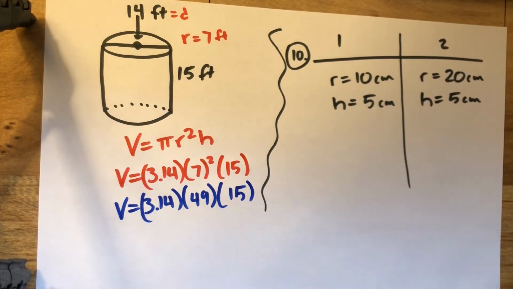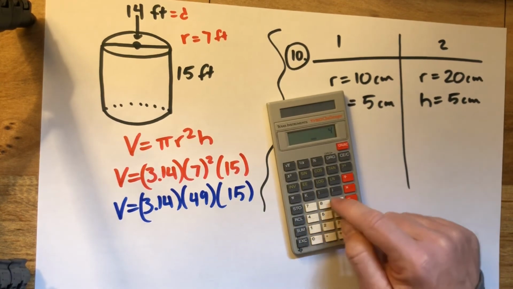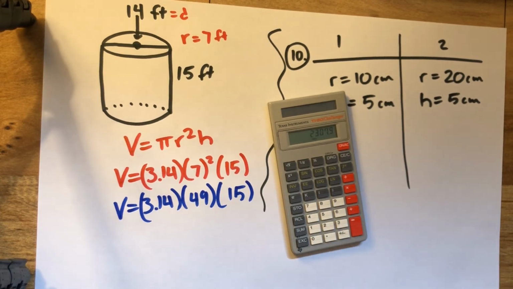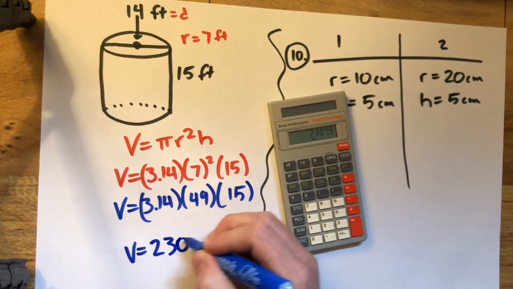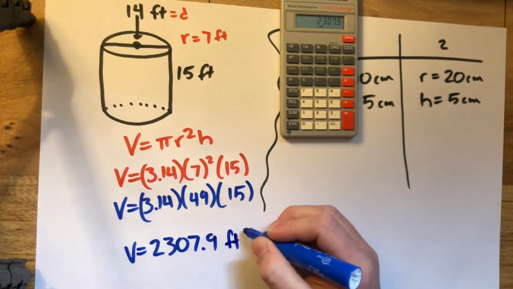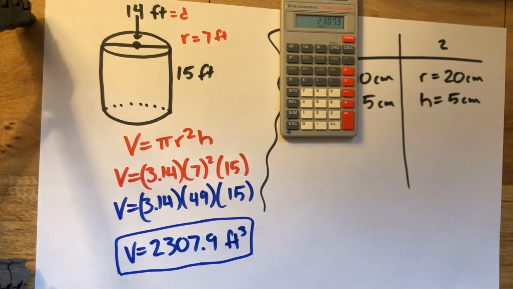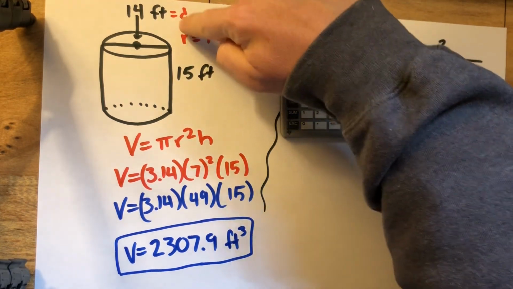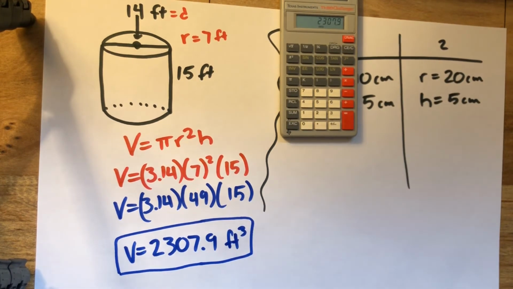Grab the calculator here. I'm going to go 3.14 times 49 times 15. 2,307.9. Label is going to be feet cubed, or feet to the third power. That's how you're going to find volume of a cylinder if you're given the diameter instead of the radius. So if you're given that diameter, make sure you use it to find radius. Our formula is only in terms of radius.